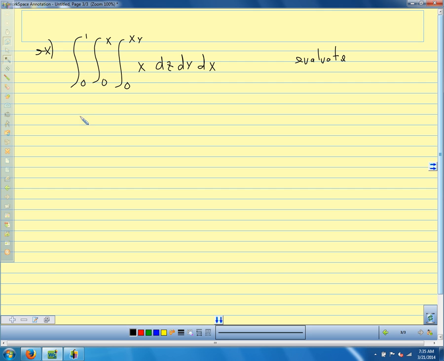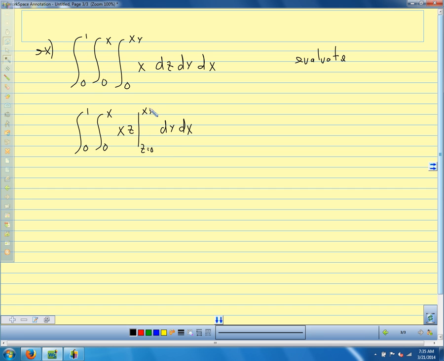So what do we get there? We just get xz, and z is varying from 0 to xy. So that's our first evaluation. And it can be very helpful to write your variables when you do your limits here, to remind yourself which one we're substituting in here for.